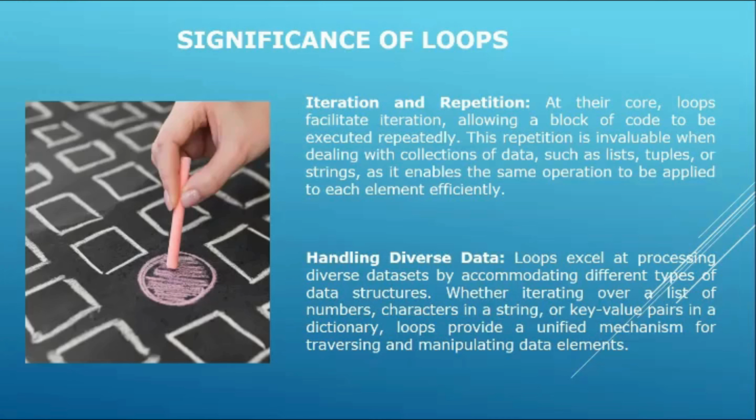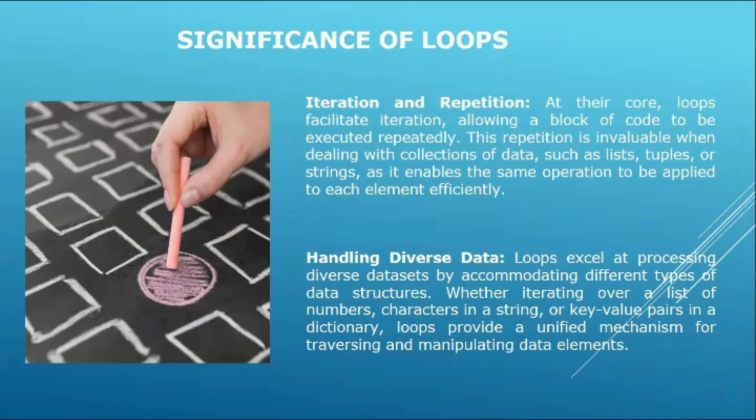The next one coming into the picture is handling diverse data. The word diverse means different data. Loops excel at processing different data sets by accommodating different types of data structures. What is a data structure? A data structure is nothing but a structural arrangement of data in a proper manner.